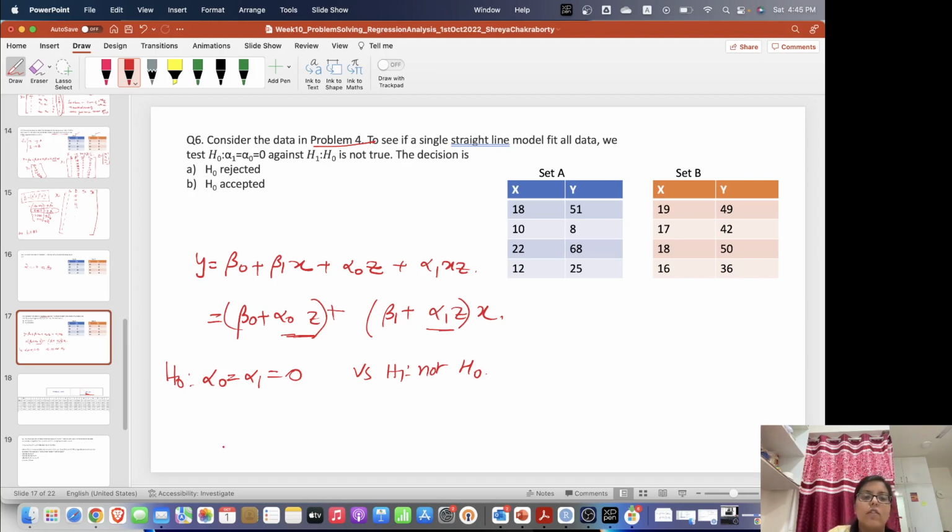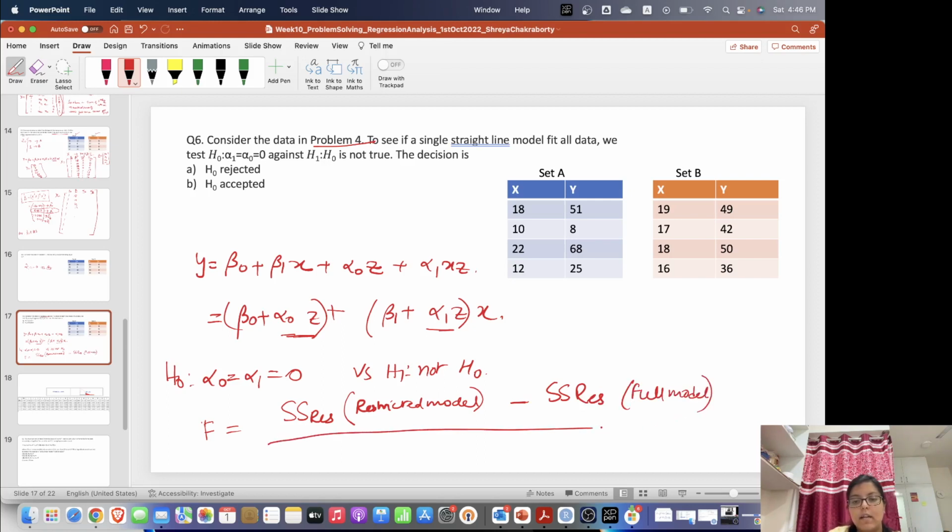If you remember, we had our F statistic for the extra sum of squares method. We would write it as sum of squares due to residuals from the restricted model minus sum of squares due to residuals from the full model, divided by r, the number of restrictions, all divided by mean squared residuals from the full model.